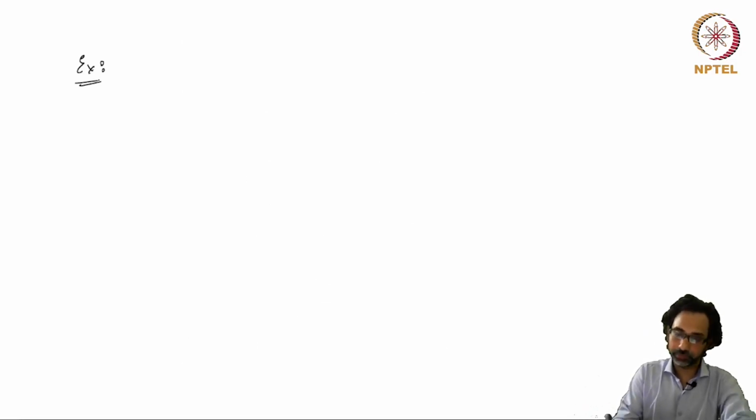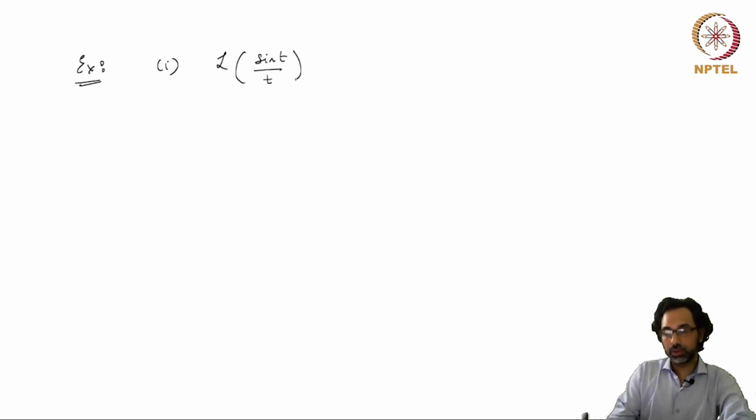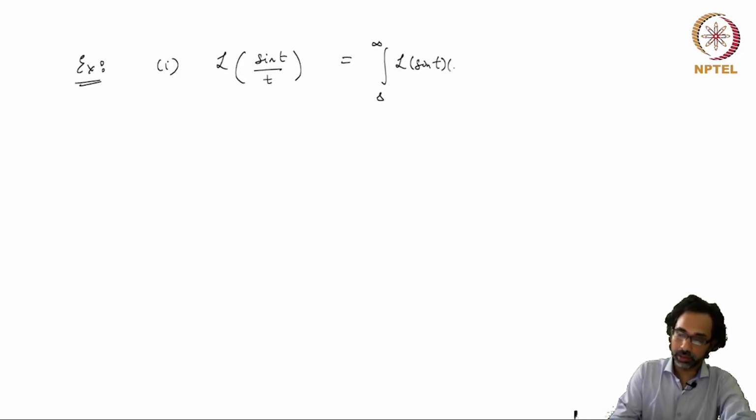Now let us see some examples which compute this Laplace transform. So let's compute the Laplace transform of sin t over t. We know that this is, by the theorem above, the integral from s to infinity of the Laplace transform of sin t at u du.